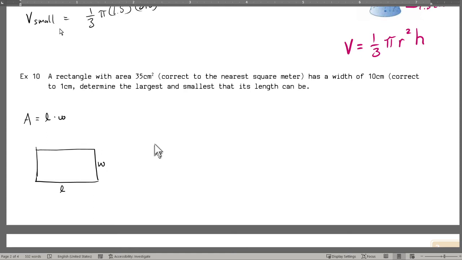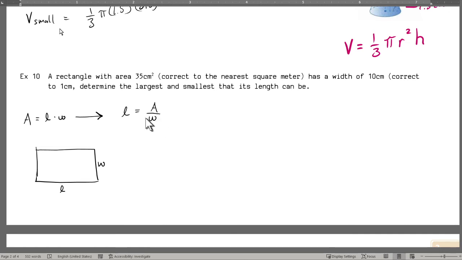Now, the question is, what is my area? I want to figure out what's the largest and the smallest that the length can be, so I'm going to solve for length. Length is, excuse me, area divided by width.